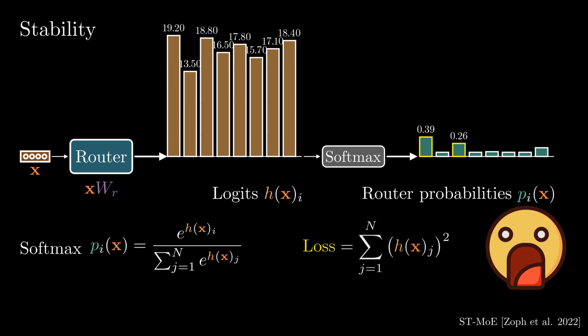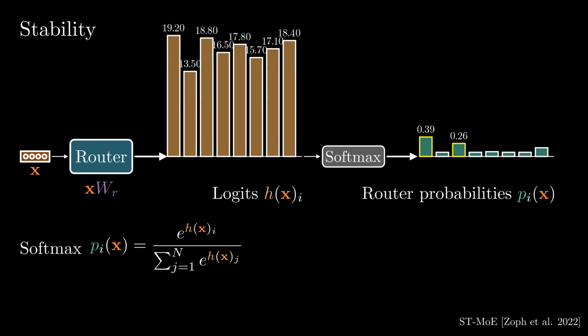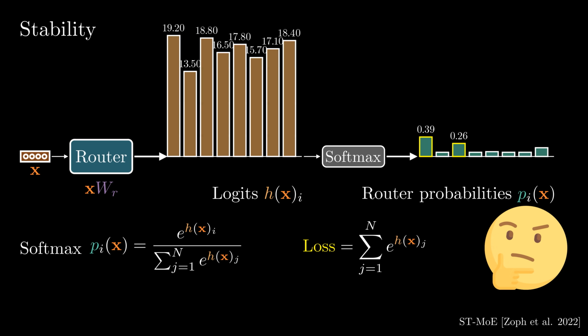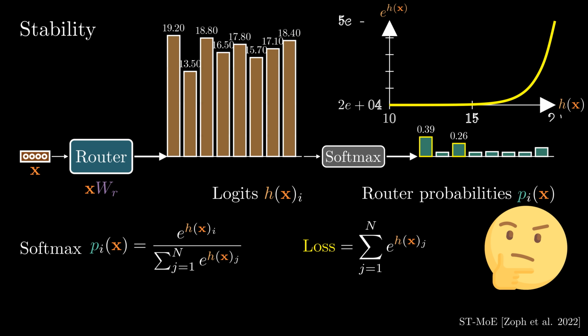What we could do instead is to penalize this normalization term. This ensures that the gradient from this loss does not change the router probabilities. But directly minimizing this loss is tricky. This is because the loss grows exponentially, which may lead to exploding gradients.